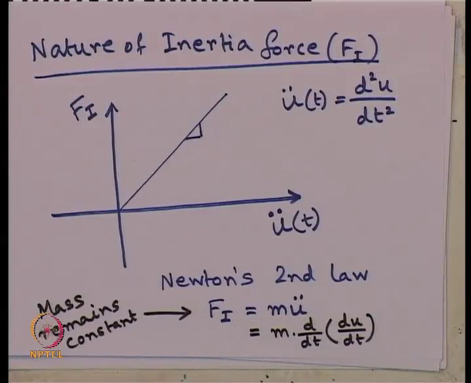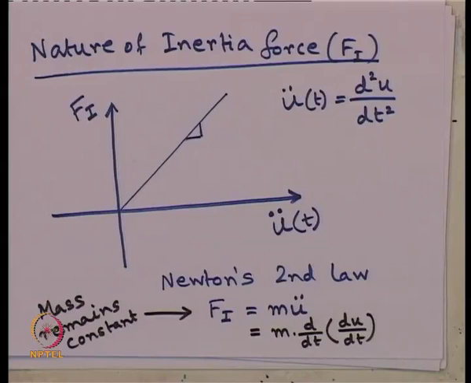For example, in some aerodynamic problems there is loss of mass with respect to time. So, mass does not remain constant in many aerodynamic problems. In those cases, we cannot use the relation F I equals m u double dot. It is valid only for a system where there is no change in the mass. So, mass remains constant, then only this equation holds good.